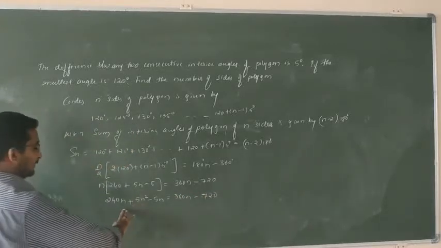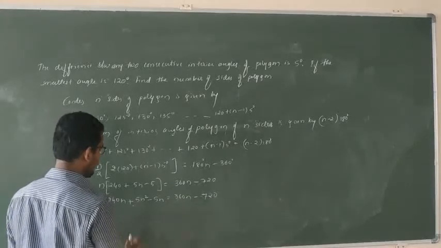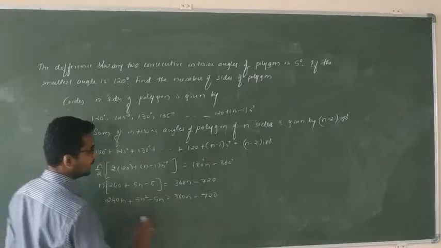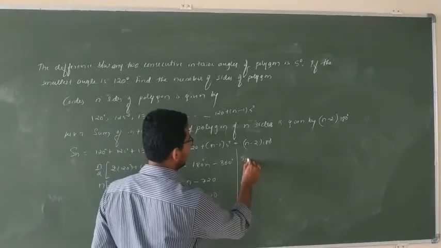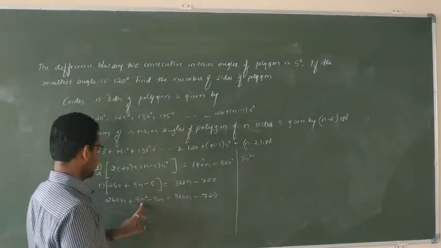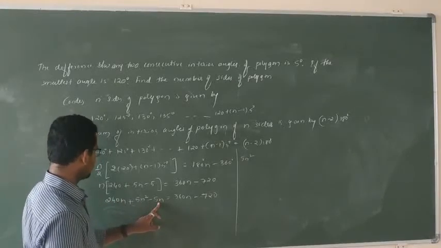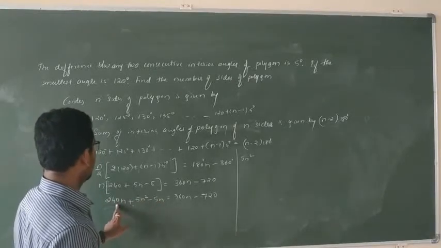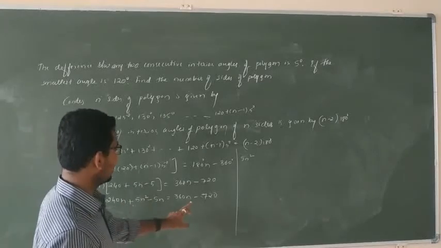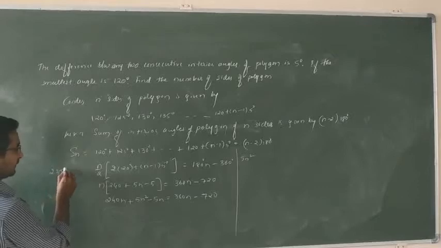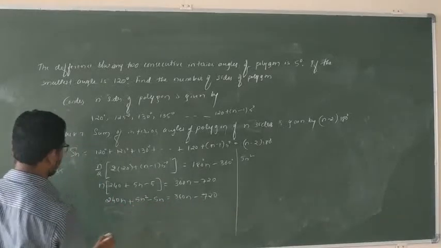Now taking everything from the RHS to the LHS, that is 5n square. Then 240 minus 5n is 235, and when it comes to the LHS it becomes plus.